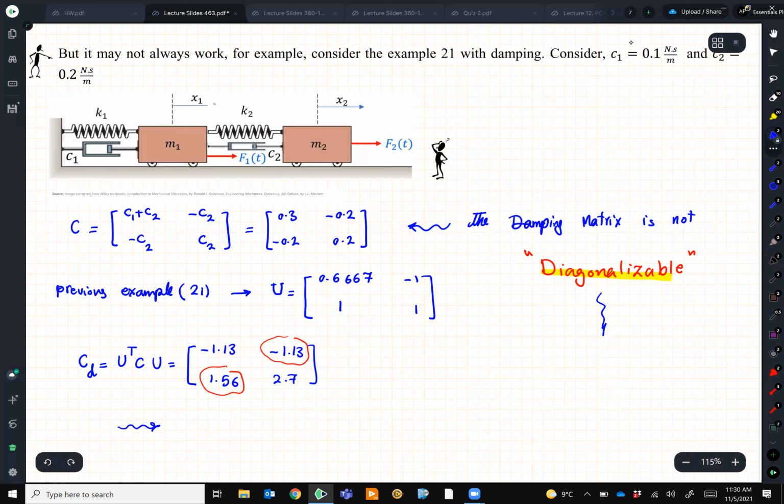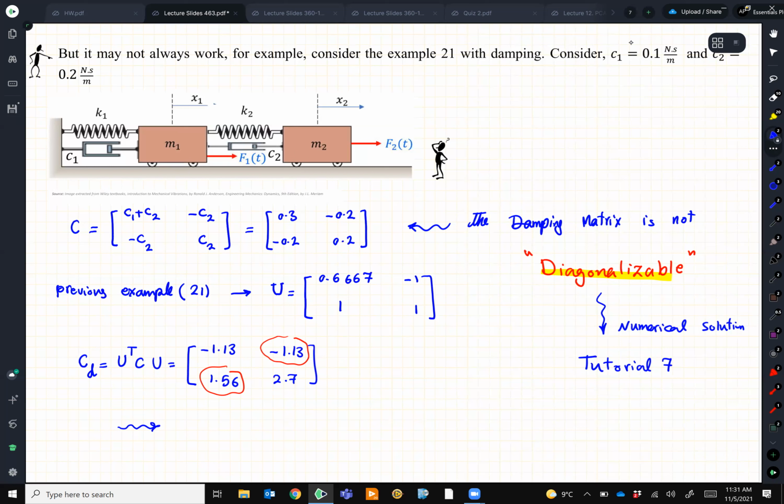So that's why we need a numerical solution. Go to your tutorial 7 and the next example that I will solve. Jacob will show you how you can use MATLAB or Python to deal with the case when your matrix is not diagonal.